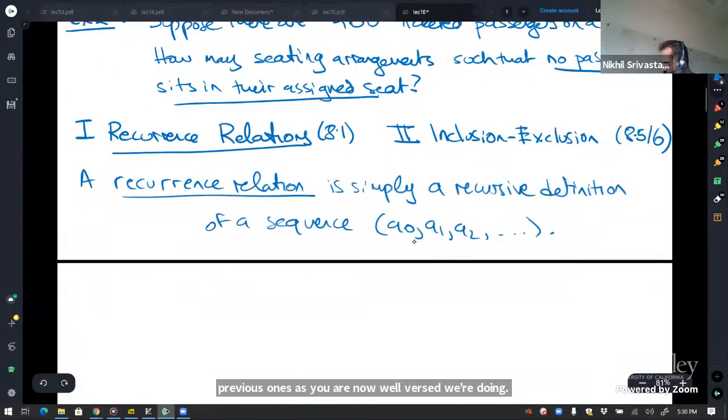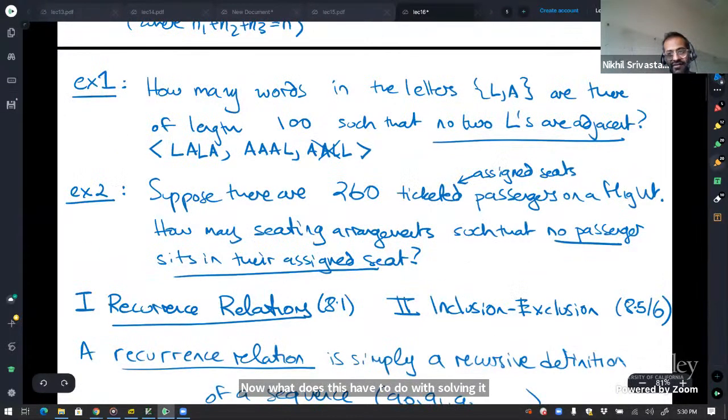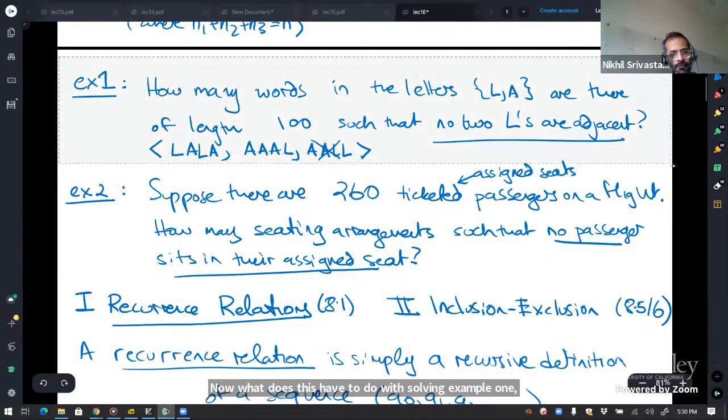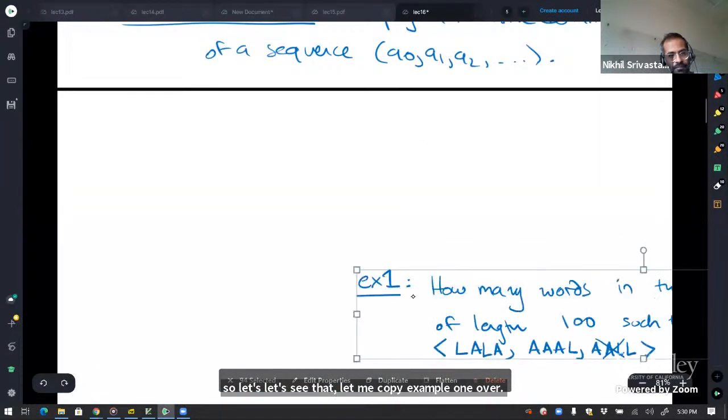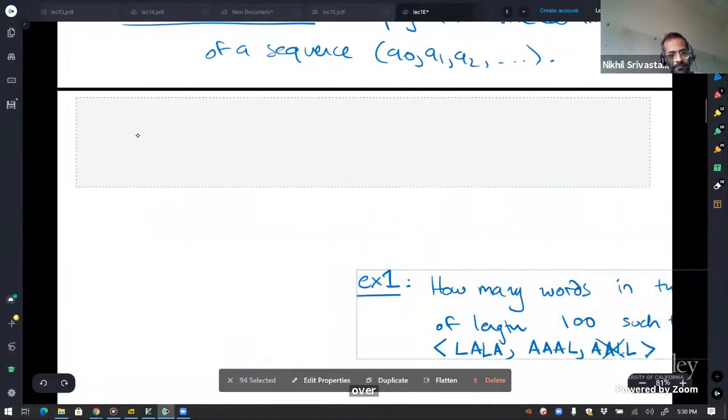Now, what does this have to do with solving example one? So let's see that. Let me copy example one over. So here's example one.